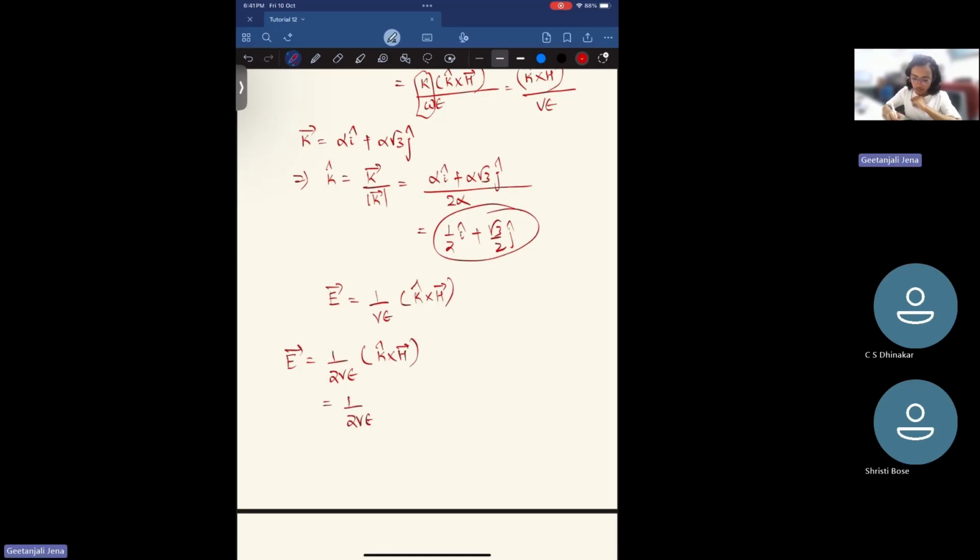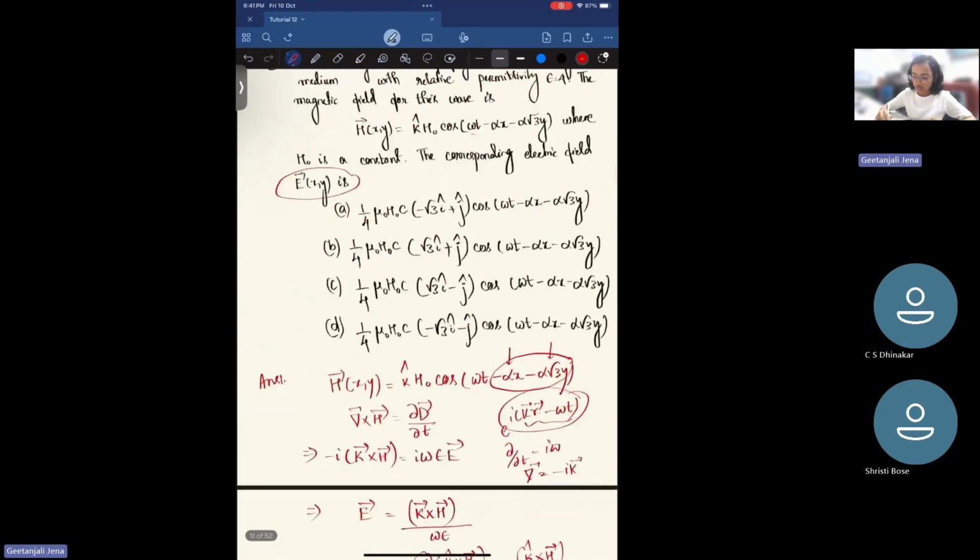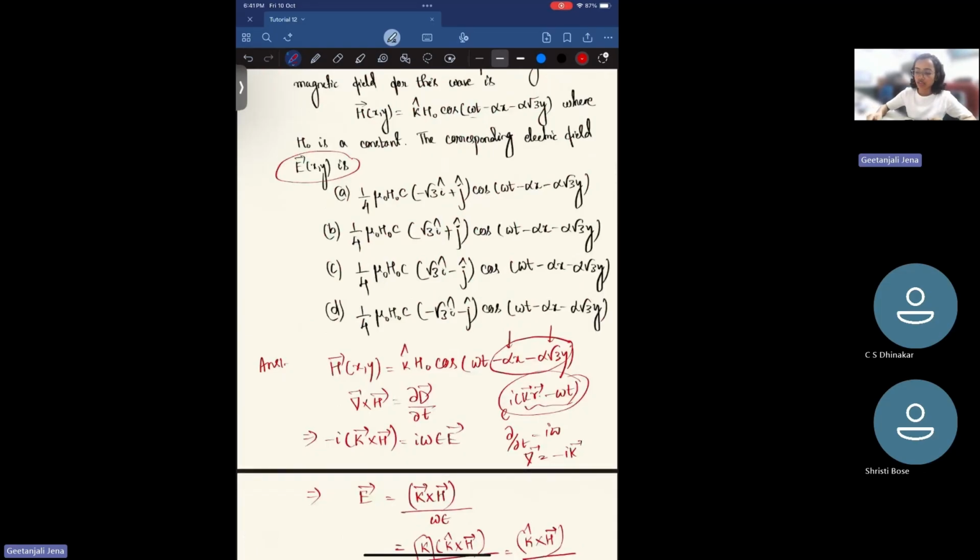1 by 2 v epsilon, i plus root 3 j, cross k, x0 cos of omega t minus alpha x minus alpha root 3 y. Can you please calculate it and let me know the final answer? Which one of these following options will be correct? Sorry.